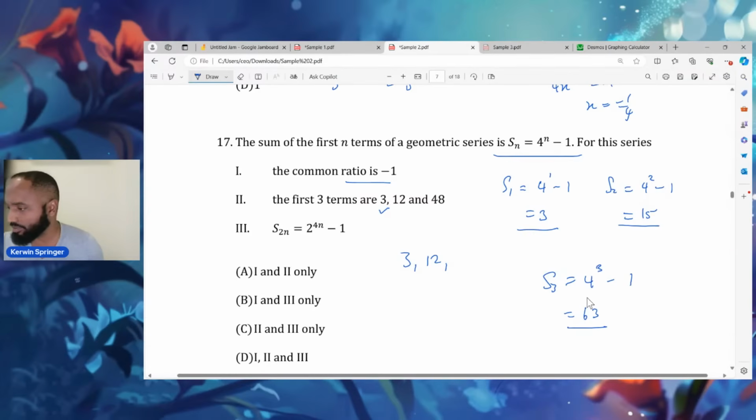And the next one is 63. 63 minus 15 is 48, but I don't want 63 minus 15, I want 63 minus 15 plus 3. So I wonder if they made an error in the question as well.